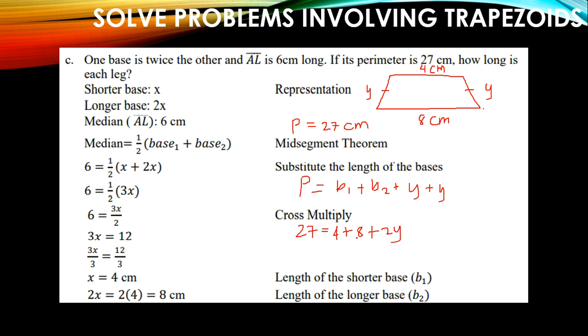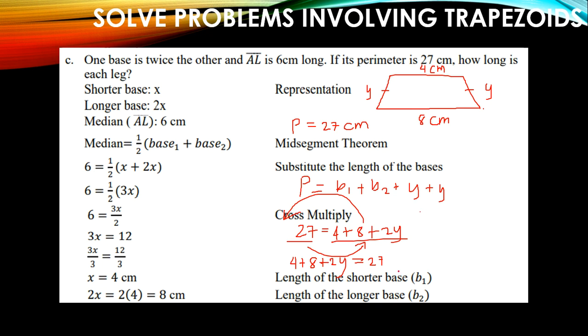After that, let's interchange these two sides, left and right. So it becomes 4 plus 8 plus 2y equals 27.